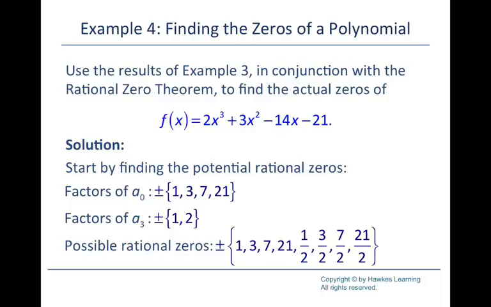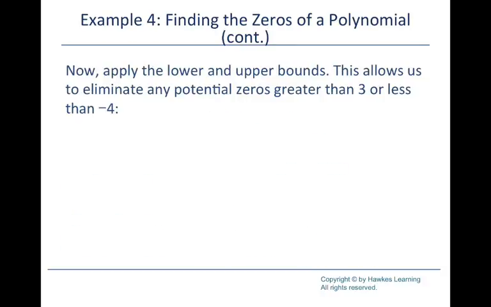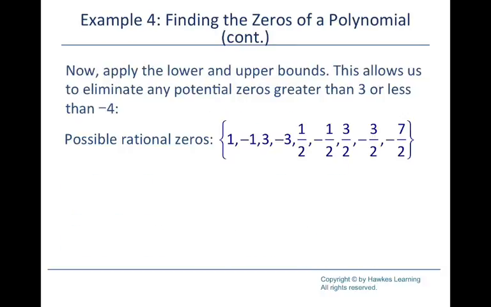Now there's a lot we can eliminate because we know our upper bound is 3, so there's no use checking 7 and 21, or even 7/2 because that's 3.5, or 21/2. And there's no use going below negative 4. So when we take those numbers out, we significantly reduce our list.